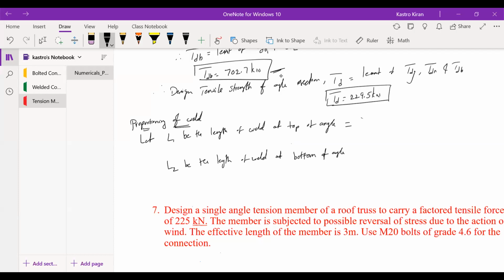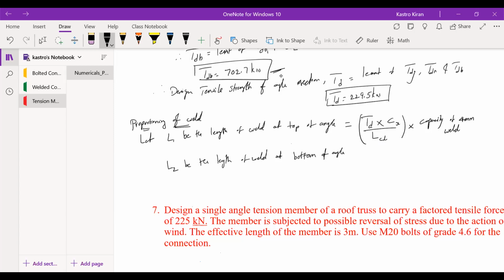The design tensile strength TD multiplied by the center of gravity of the section, that is Cx, divided by the length of connected leg, where CL represents connected leg and capital L represents length of connected leg, into the capacity of 4 mm weld.